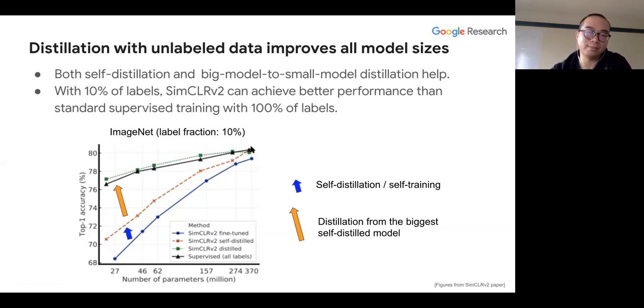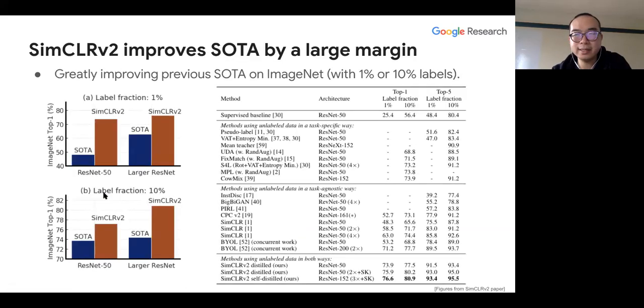Then you take the biggest model that you self-distilled, and as a teacher distill to all the smaller models, and you get this green dotted curve, which is above supervised learning on 100% labels. Basically, you can get the same performance with 10x fewer labels. In comparison to some state of the art, when we published the work, there was a huge improvement in both the 1% and 10% labeled cases.